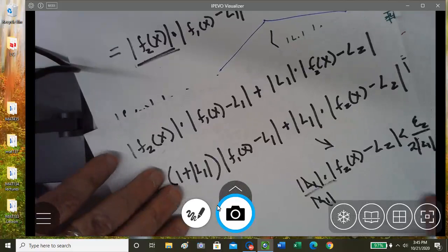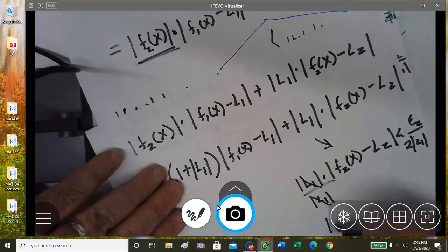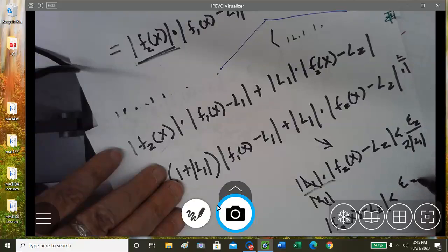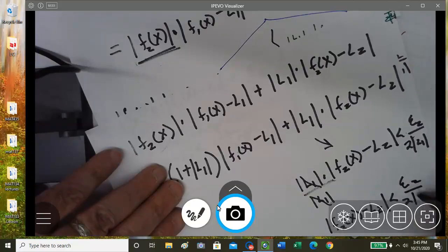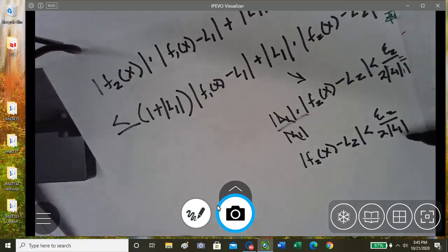So from here, this will be absolute value of f2 x minus L2 is less than epsilon 2 over 2 times absolute value of L1. Well, the problem here is, what if L1 were 0? Well, that would give us an undefined.